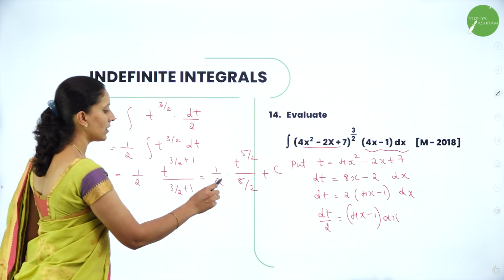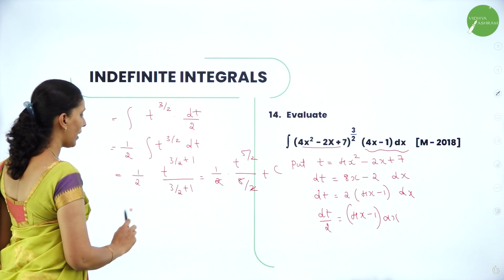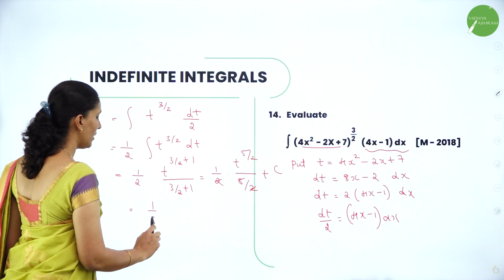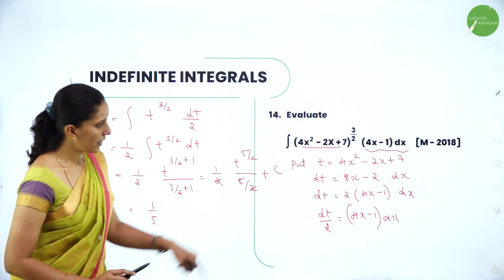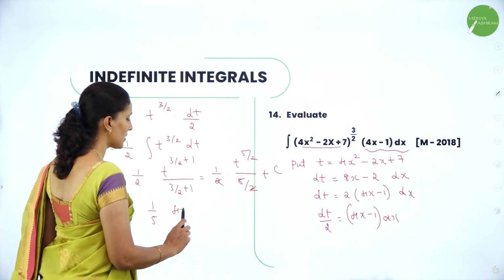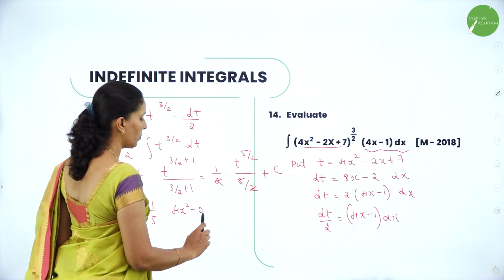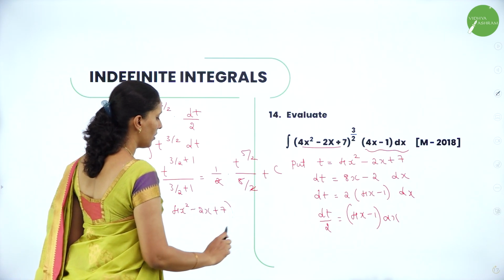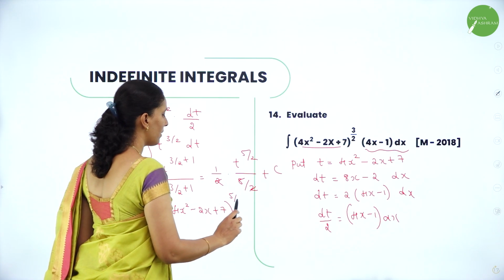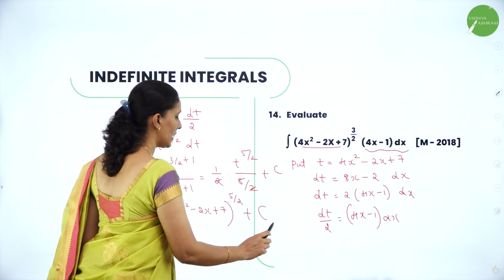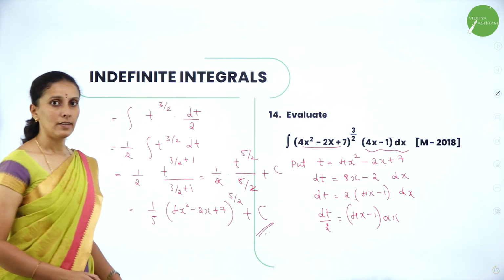So we can cancel 2 and 2 here. We can write this as 1 by 5. The value of t can be replaced, so we have 1 by 5 into 4x square minus 2x plus 7 to the power 5 by 2 plus integration constant. This is the value.